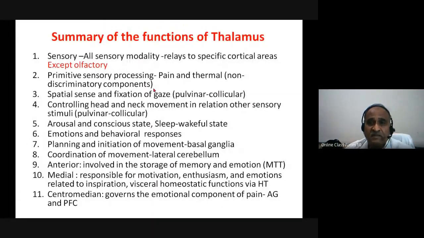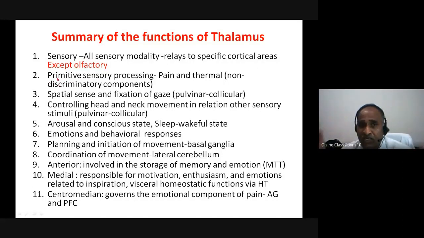Now, a summary of the functions of the thalamus. All sensory modalities relay to specific cortical areas except olfactory. Primitive sensory processing: a part of the sensory processing is done in the thalamus.